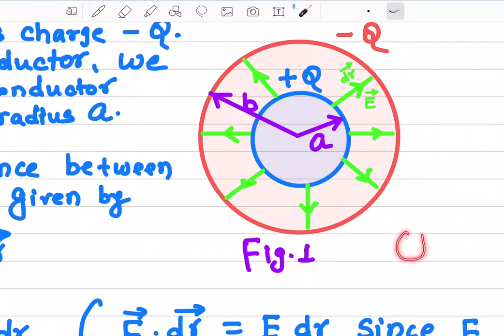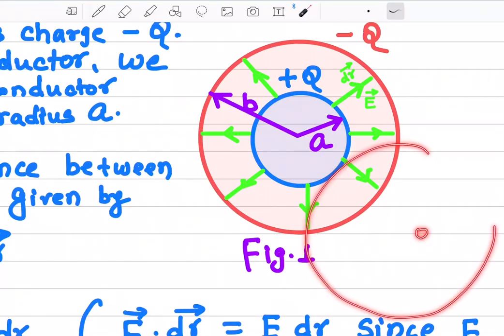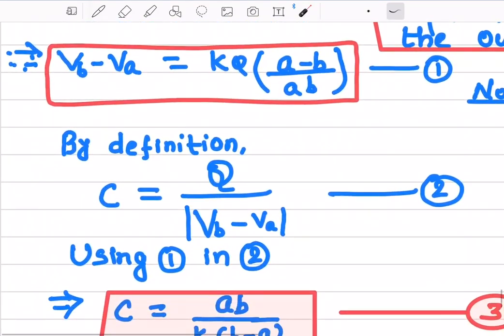If we have one conductor, then we can assume the other conductor is very far. In other words, now we are going to find out the capacitance of an isolated spherical conductor. How are we going to do that?